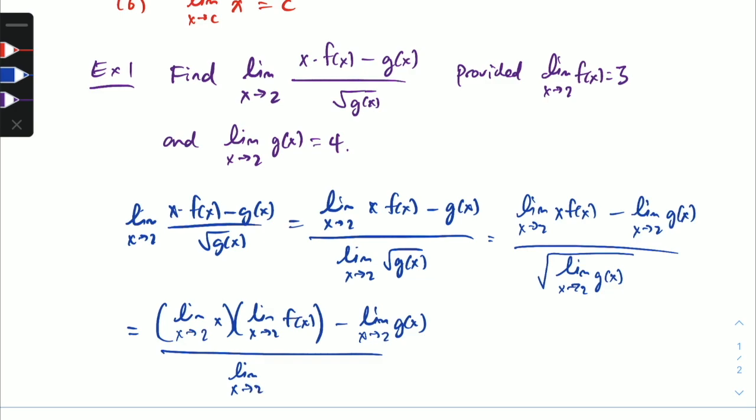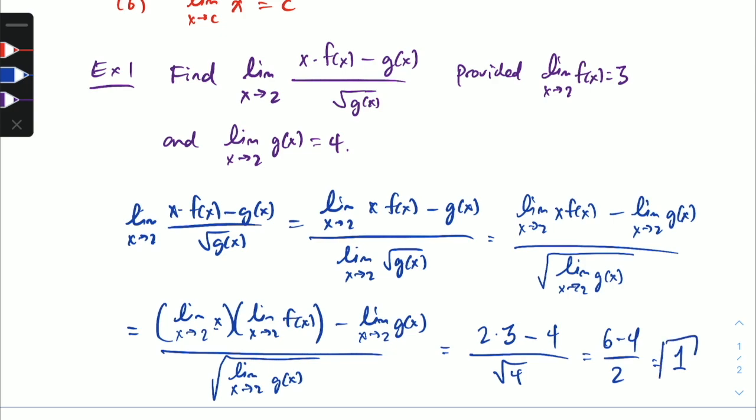And we know by our very last property of limits that as x goes to 2, the limit of x is 2. F is 3, g is 4, and then we have in the bottom the square root of 4. And this works out to 6 minus 4 over 2, which is 2 over 2, which is 1.